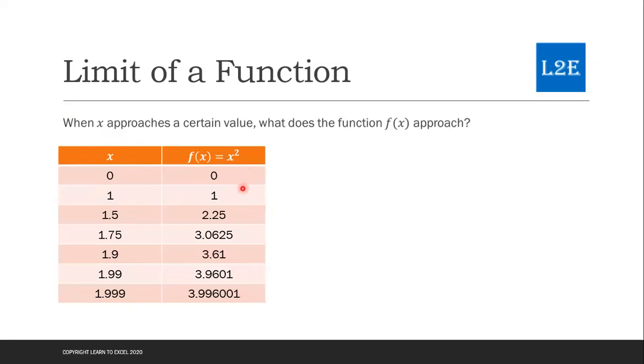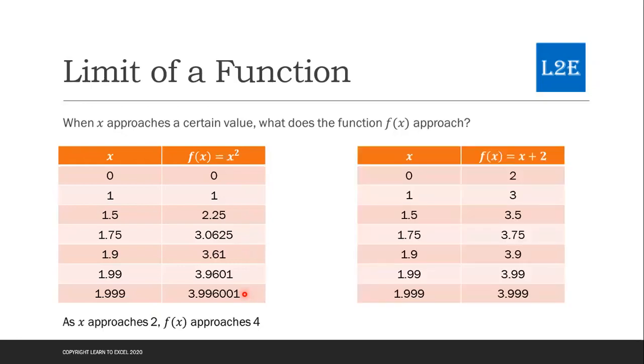As you can see, these are the different values of x squared. Just by looking at this table, you can see that as x approaches 2, f of x gets closer and closer to 4, right? So as x approaches 2, in this case, f of x, which is x squared, approaches 4.